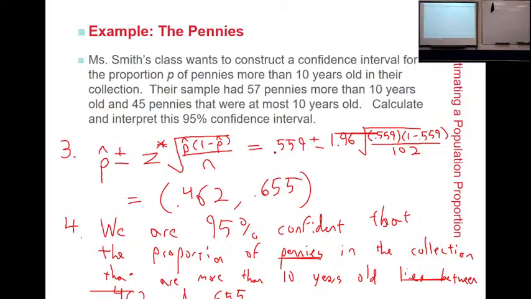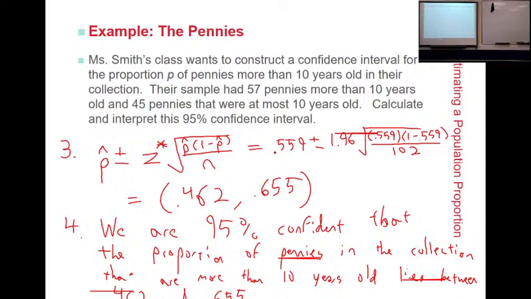The way that the book usually writes it is something like, they change the order and give the interval and then say the parameter. So that works too. You just need to make sure that you have the three things you need in this sentence: saying 95% confident, saying what the parameter is, and saying that it is between your interval.